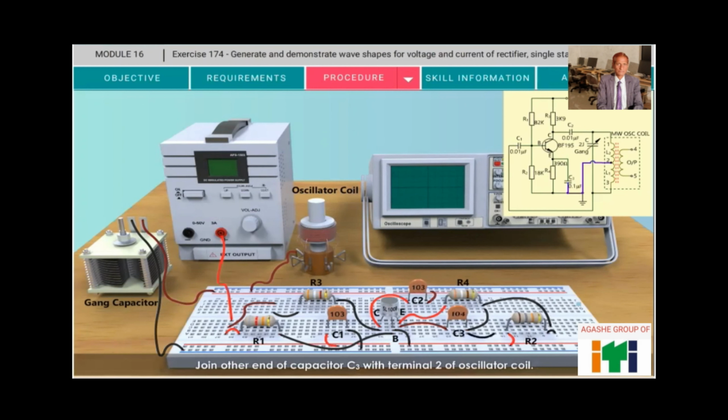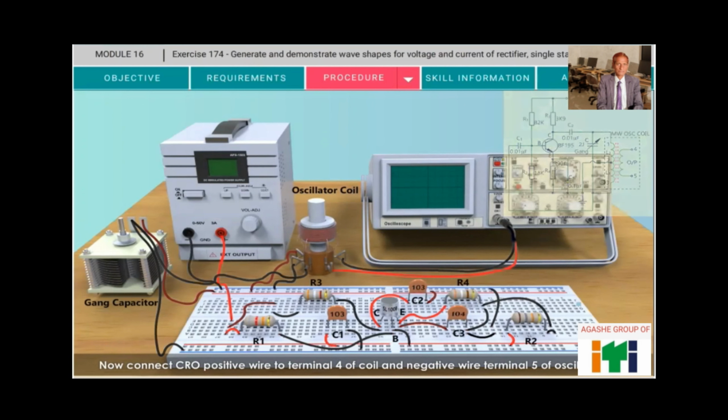Join other end of capacitor C3 with terminal 2 of oscillator coil. Join the negative terminal of gang capacitor with terminal 3 of oscillator coil. Now connect CRO positive wire to terminal 4 of coil, negative wire to terminal 5 of oscillator coil.